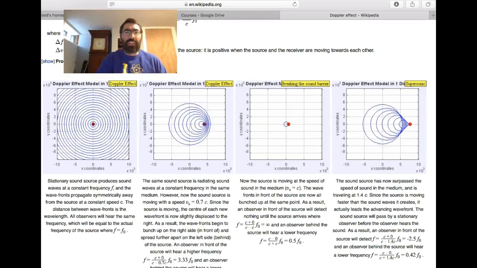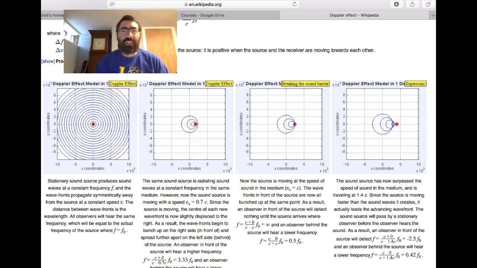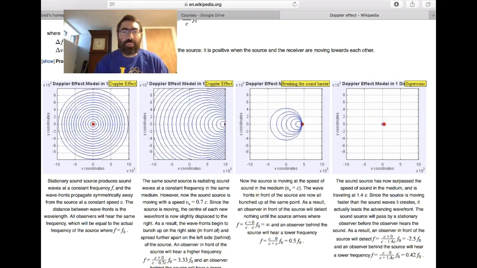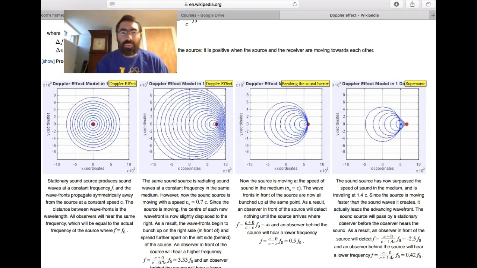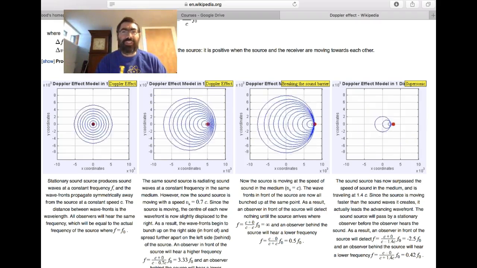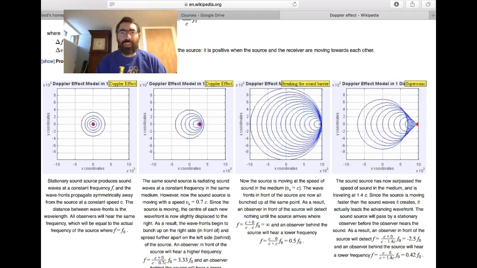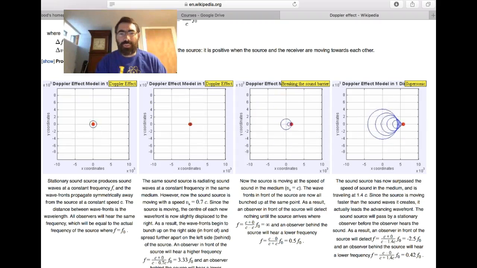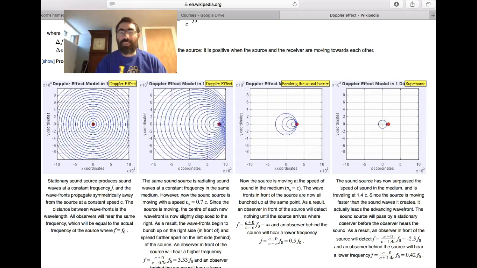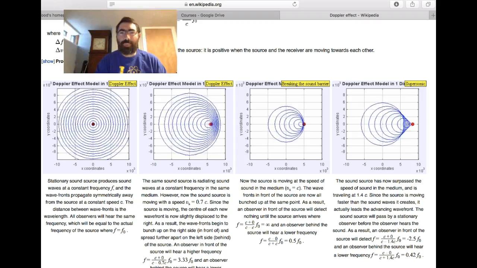And so what I'm showing here on the very left-hand side is sound waves being emitted from a source that is stationary, so it's not moving. But then we start to move the source, like we talked about in the previous section with the Doppler effect.